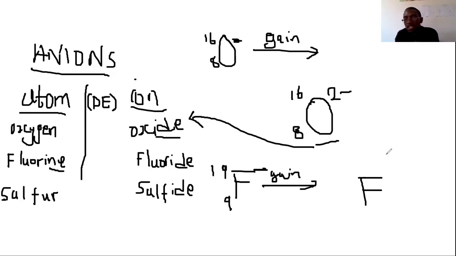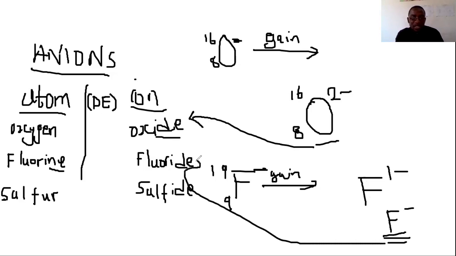Therefore, when you check the valence number for group 7 elements, it's 1. Is it on the metal side or on the non-metal side? If it's on the non-metal side, then it should carry a negative charge. So we just put negative. This is what is called a fluoride.